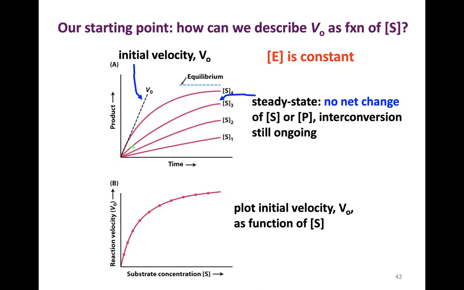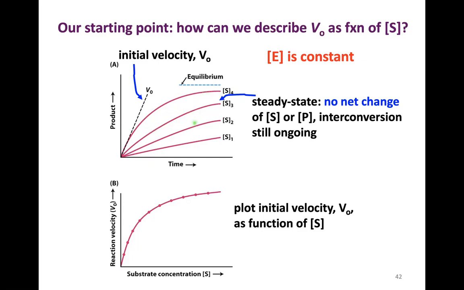Again, we're interested in this initial slope, okay? It slows down, as you can see here, which is more clearly illustrated by S4 plot. It slows down because the substrate is eventually consumed as you start to reach equilibrium, okay?